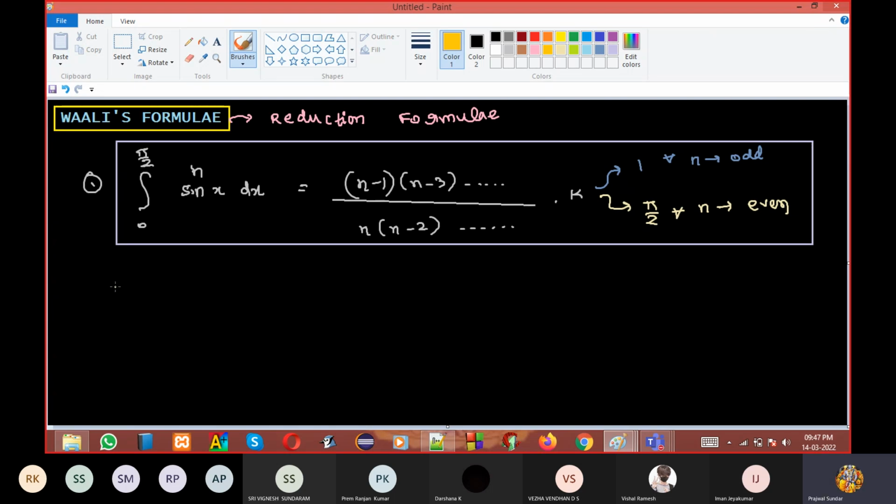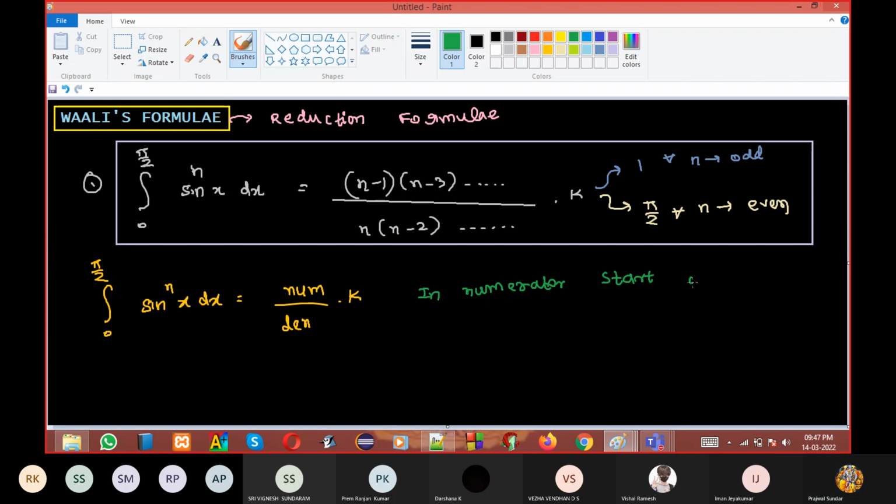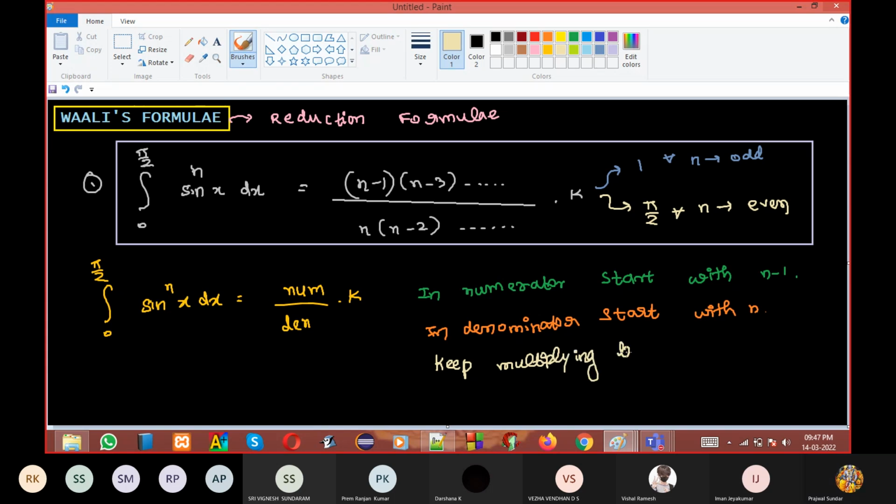Listen carefully. So you have integral 0 to pi by 2 sine power nx dx. You're having numerator by denominator into k. What you're doing is, in numerator start with n minus 1, in denominator start with n, and keep multiplying by decrementing by 2.